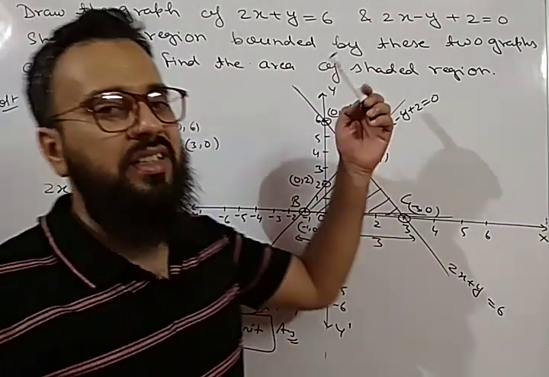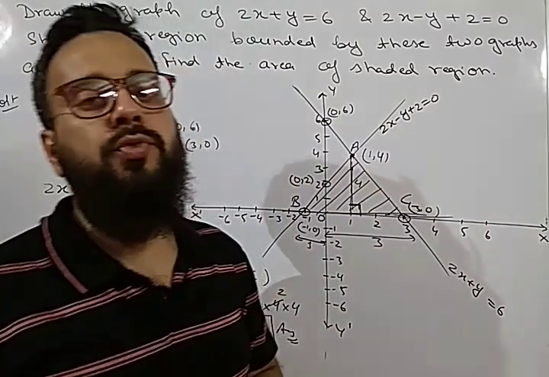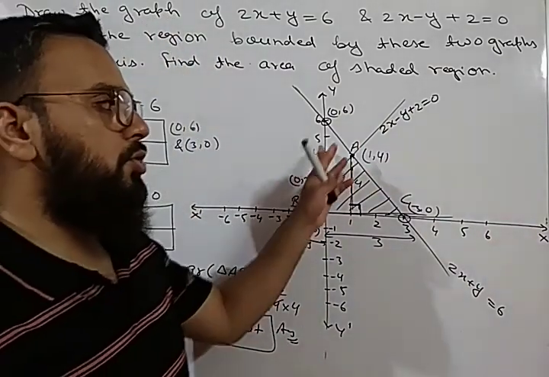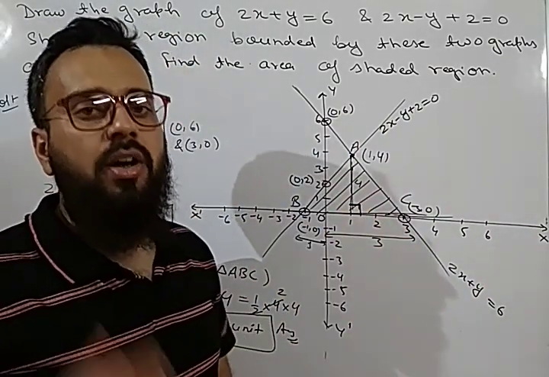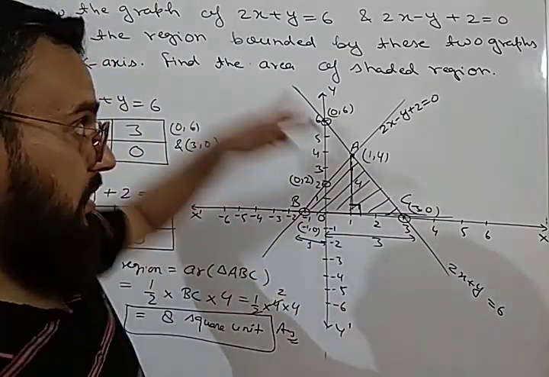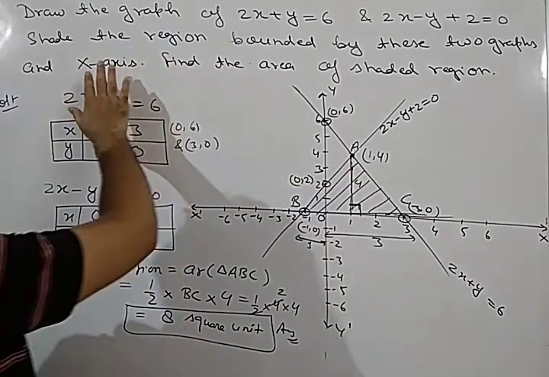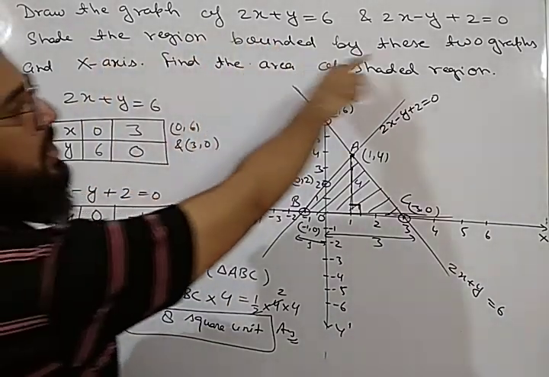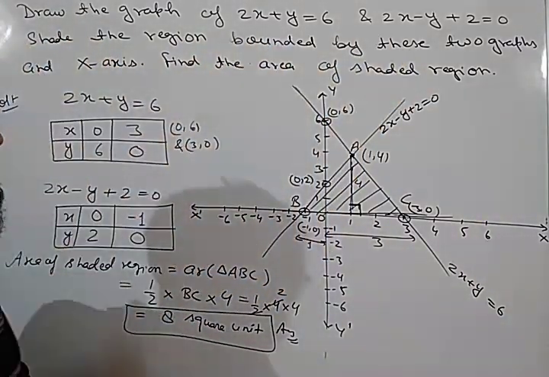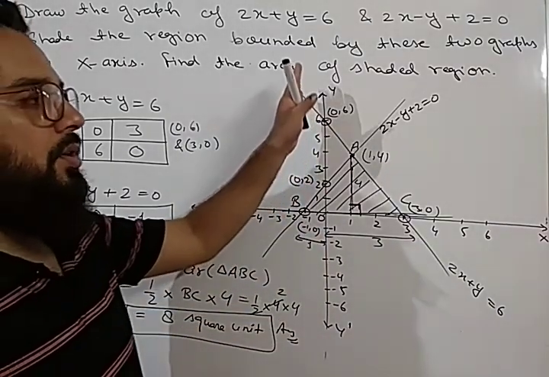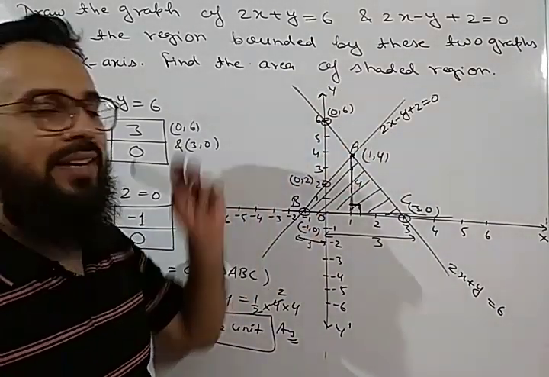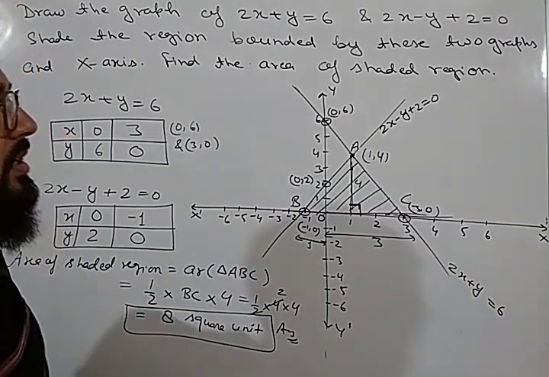Whenever you have to plot the graph of two equations and you have to find the area between those two graphs and x-axis, or it may be y-axis also. If in the same question, the question was to shade the region bounded by the lines and y-axis, then which region will we consider?